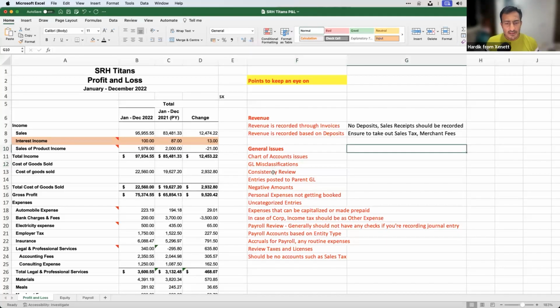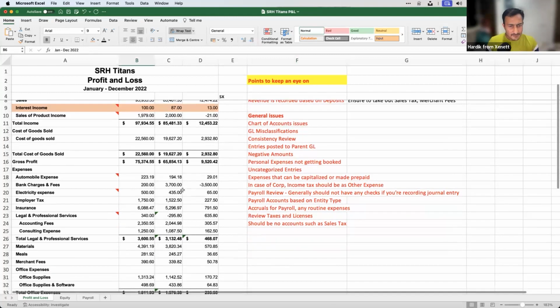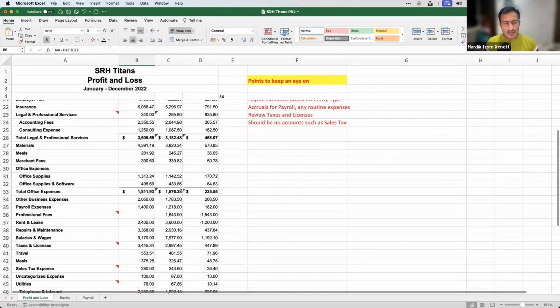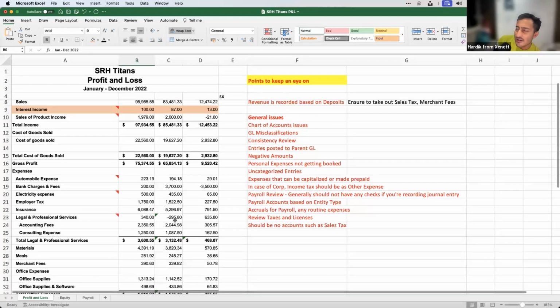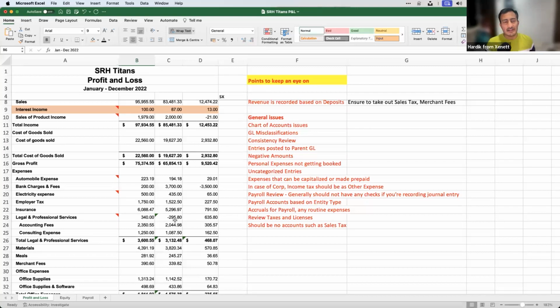All right. The third thing is the consistency review. This is one way I look at the profit and loss, by comparing the current year with the previous year, and then we do a fair check whether things look overall okay or not. If something is literally off, you can go into the account to see what's wrong and then take appropriate action.